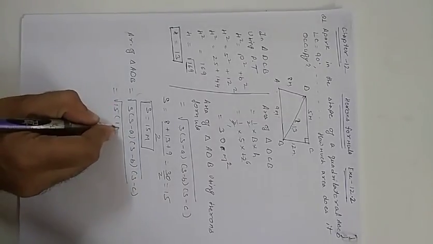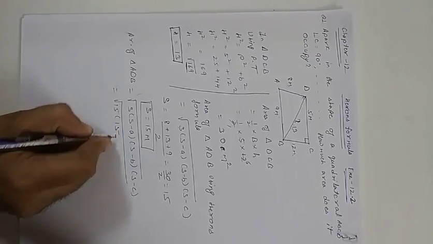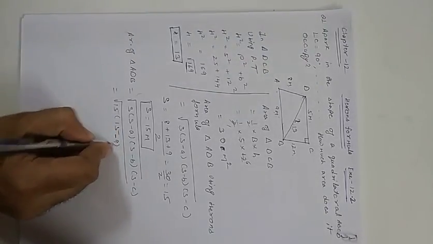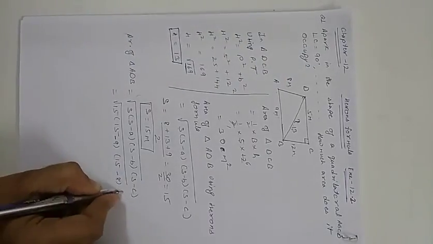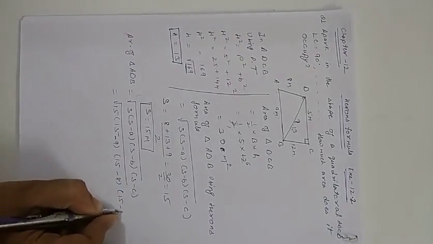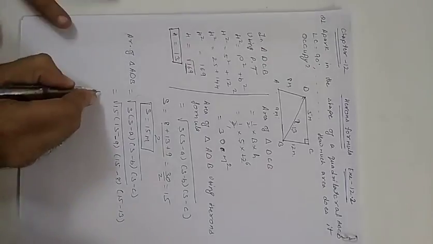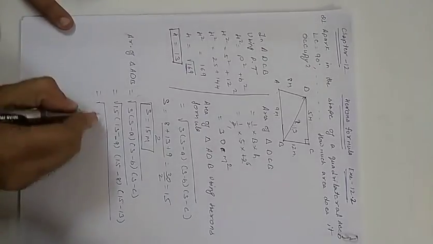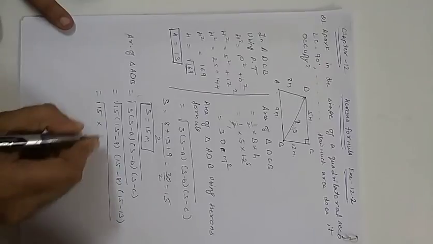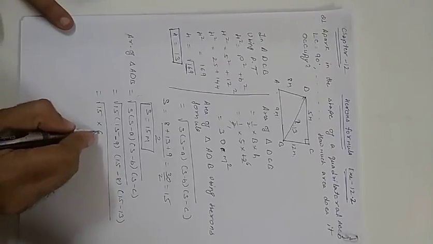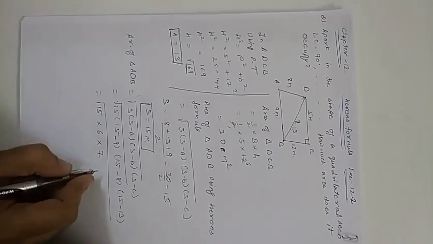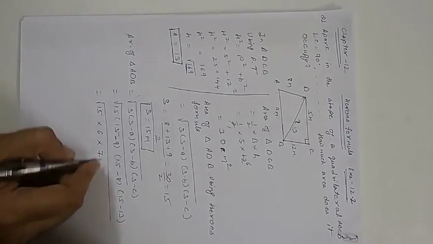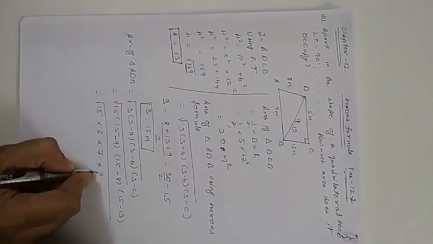So 15 minus, first side suppose 9, you can take 9, 15 minus, take 8, third one is 15 minus 13. So it equals under root 15 multiplied by 15 minus 9, we got 6, multiplied by 15 minus 8, we got 7. After that multiply 15 minus 13, we got 2.